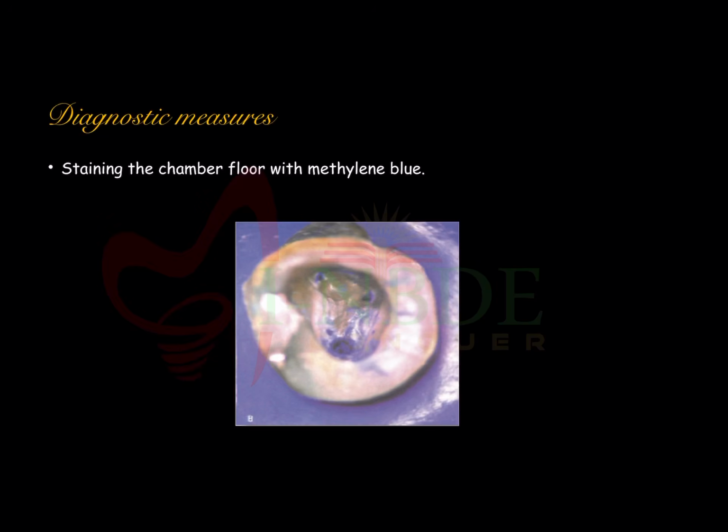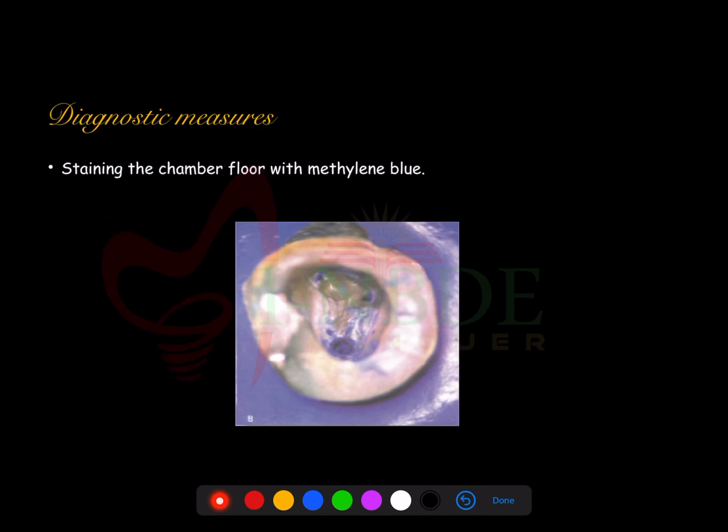As already discussed, when you want to visualize the dentinal maps on the floor of the pulp, or if you want to visualize fractures or cracked tooth syndrome, I told you to use a dye, preferably methylene blue, or you can use 2% iodine, followed by visualization under a dental operating microscope or under magnification using loupes, so that you can visualize the dentinal map clearly.